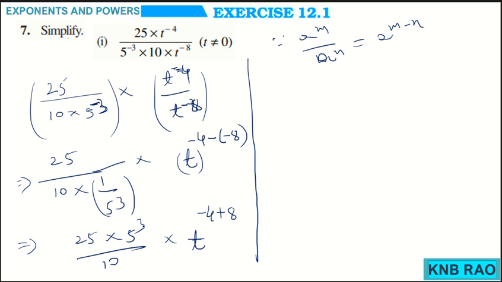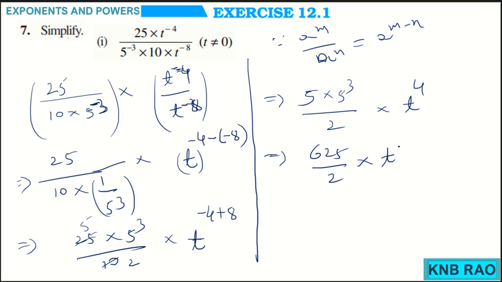So 25 into 5 cube by 10: 5 twos are 10, 5 fives are 25, which implies 5 multiplied by 5 cube by 2 into t to the power minus 4 plus 8, which gives you plus 4. You know how to simplify this. 5 into 5 cube is 625 upon 2 into t to the power 4. So this is the right answer.